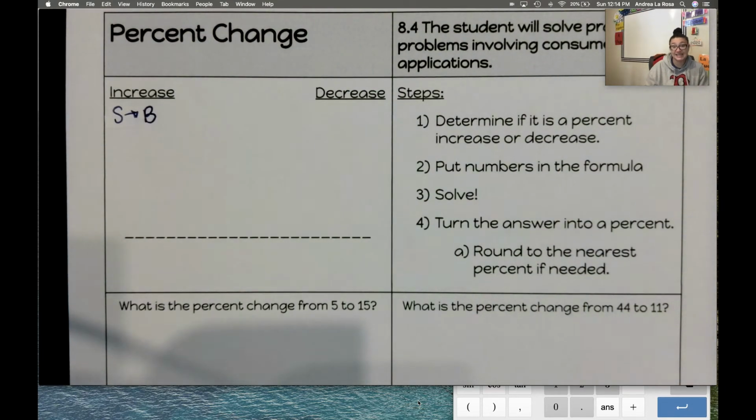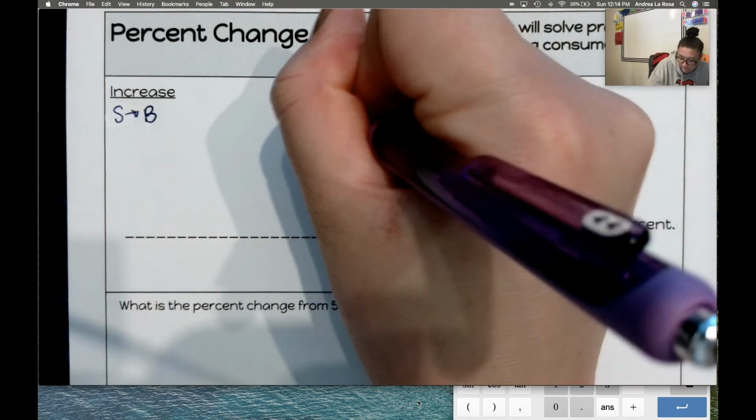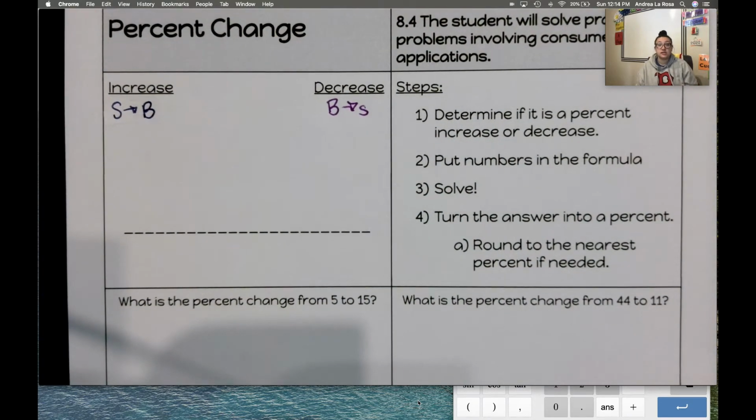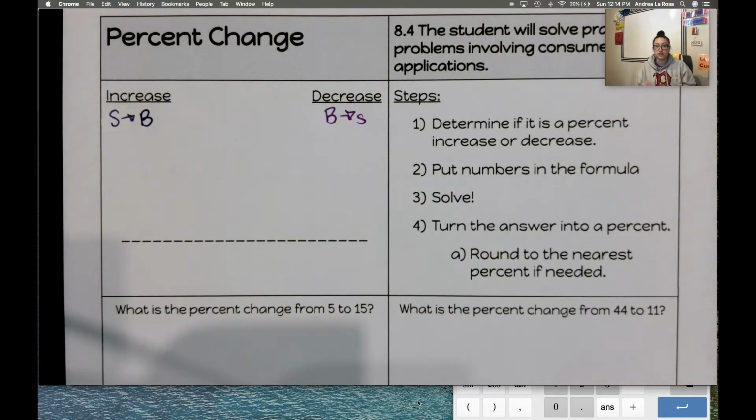If it's a percent decrease, my number is going to go from big to small. Sometimes it's just going to tell you in the question if it's an increase or a decrease. Sometimes it's not going to be so nice, and you're going to have to figure it out based on the words in the problem. It's really important that we slow down and understand what we're reading before we go through with it.